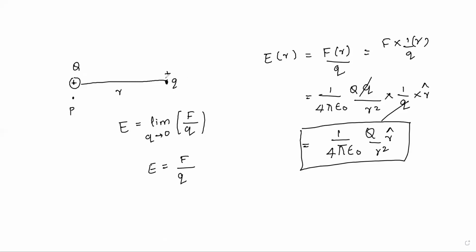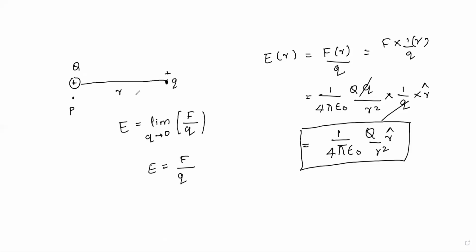The magnitude is so small we can almost consider it as 0. It is not able to produce its own electric field, whereas the source charge Q will produce its own electric field. Mathematically this concept was written as E is equal to limit q tending to 0 of F by q. Since q is 0, we just wrote the simplified version, E is equal to F by q.